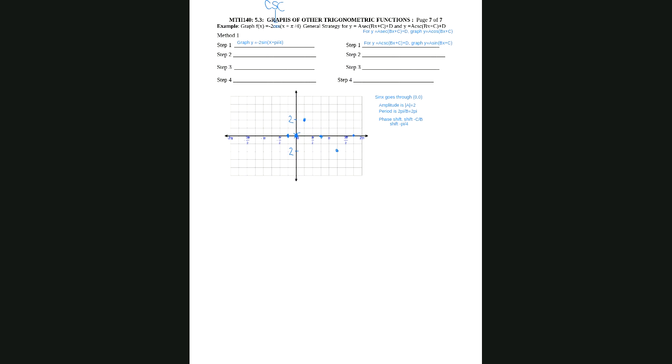I'm going to go ahead and do the best I can to make a nice smooth curve. Whoa, that's not a very smooth curve. There we go. And I'll go ahead and draw in another period of my graph.